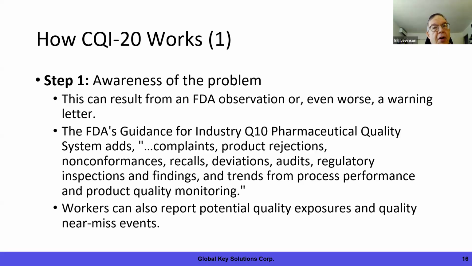It means someone almost got hurt, or they saw something that could hurt somebody, they report it, and then the problem is corrected before it can actually harm somebody. Similarly, let's say a worker finds they're about to add the wrong ingredient to a batch reactor. They say, hey, I almost added the wrong ingredient. That means it's possible to add the wrong ingredient. So the worker would initiate corrective and preventive action to make sure that that mistake becomes impossible. Next slide.